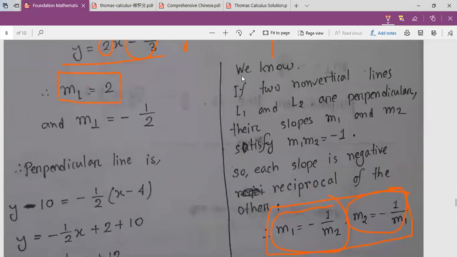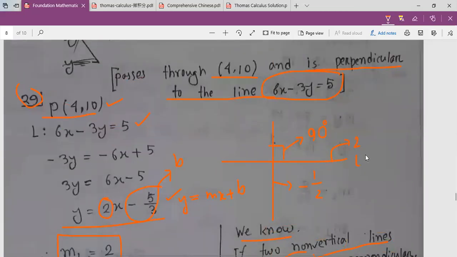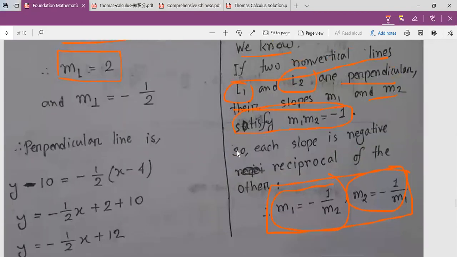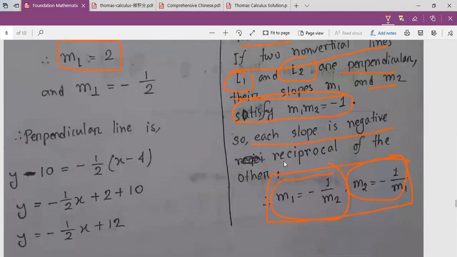We know if two non-vertical lines L1 and L2 are perpendicular, their slopes m1 and m2 satisfy m1 times m2 is equal to minus 1, so each slope is the negative reciprocal of the other. Reciprocal means we just make it upside down.